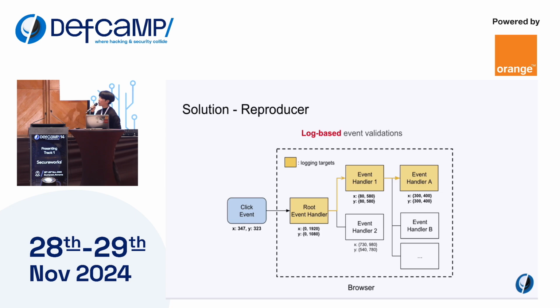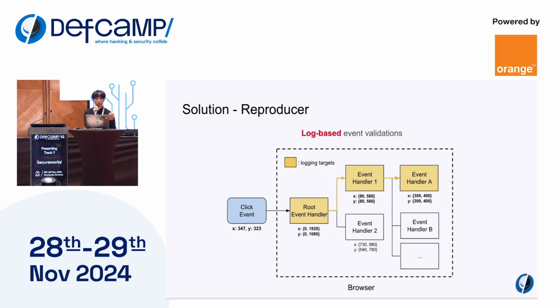We also created a reproducer to address the ambiguous timing issues of UI inputs. The problem is that sending input in the same order can sometimes lead to different outcomes, right? So by recording our event handling inside the browser during fuzzing, we can observe how each input is actually processed.